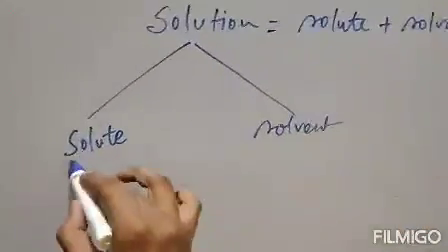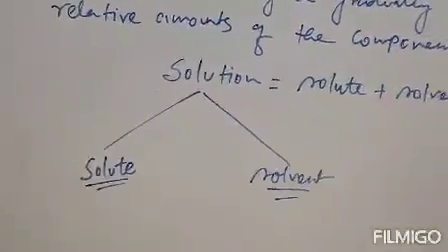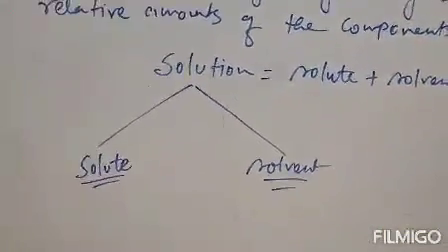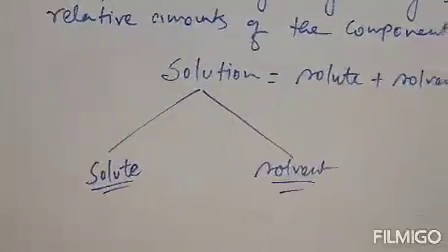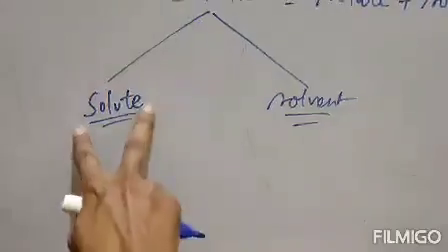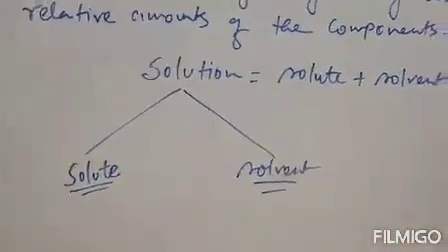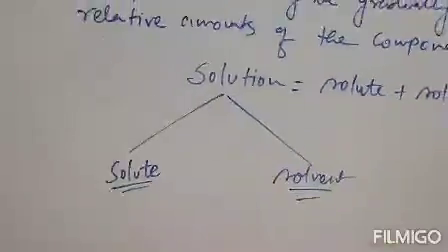Now what is solute and what is solvent? The substance that we dissolve in the solvent to form the solution is the solute. That means the substance we are dissolving in the solvent is your solute.